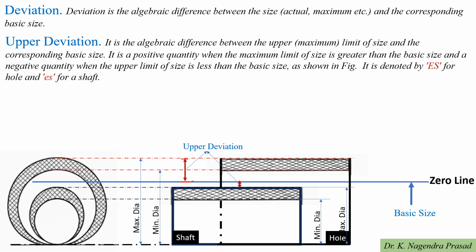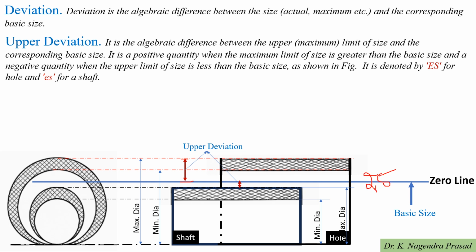And this upper deviation is a positive quantity when the maximum limit of the size is greater than the basic size, and this upper deviation is a negative quantity when the upper limit of the size is less than the basic size. So as shown in the figure, let's consider the basic size is 25.